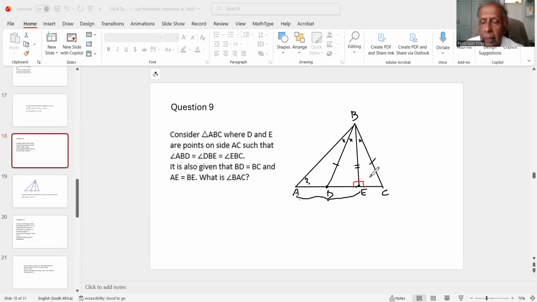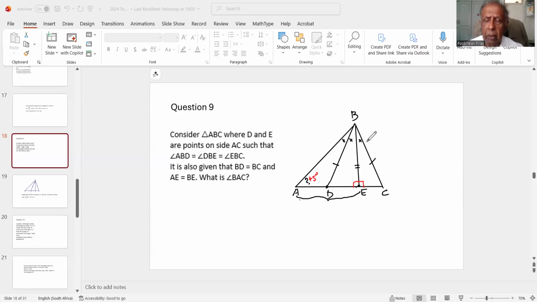Okay. Now bear in mind that we were told that BE is equal to AE, so this is an isosceles triangle here, BEA, and one of the angles is 90 degrees. So therefore, the other two angles are equal because it's isosceles, and they add up to 90 degrees. So the only way this can happen is that the question mark is 45 degrees. This is 45, and that is 45.